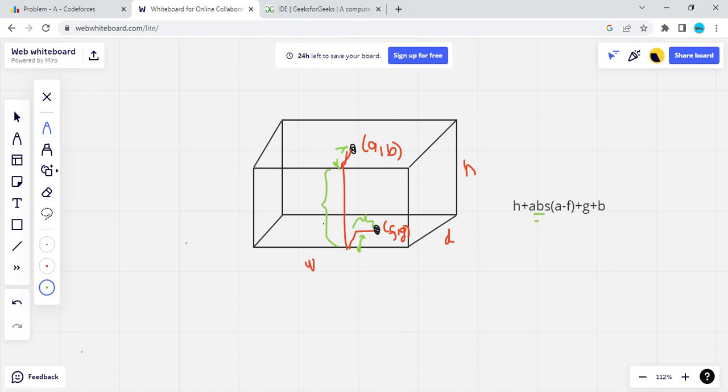If the points are, let's say, here, and the projector is kept here, and the laptop is connected here, then the length of the wire will be like this.